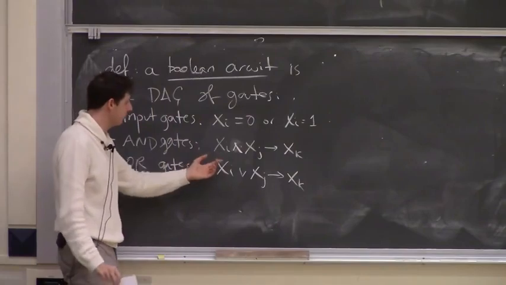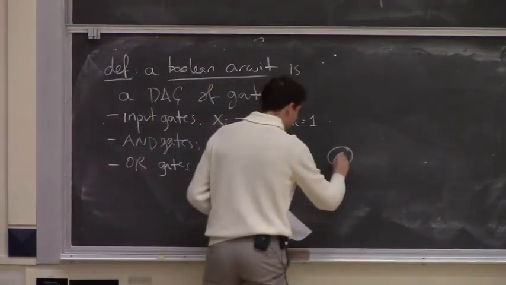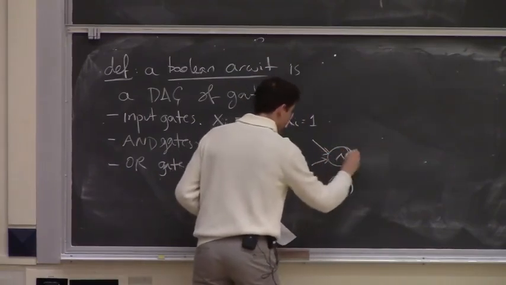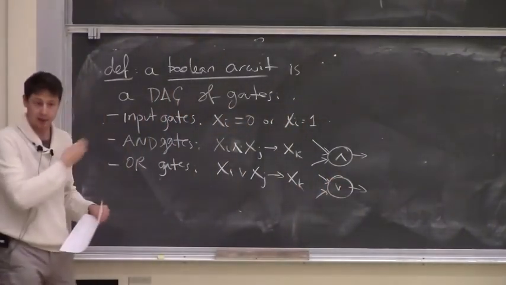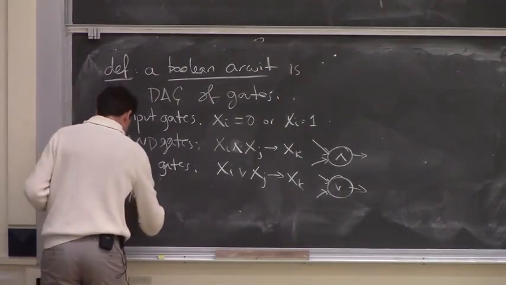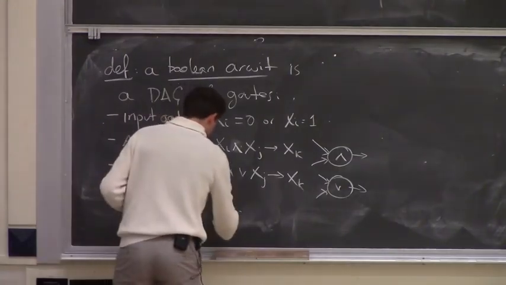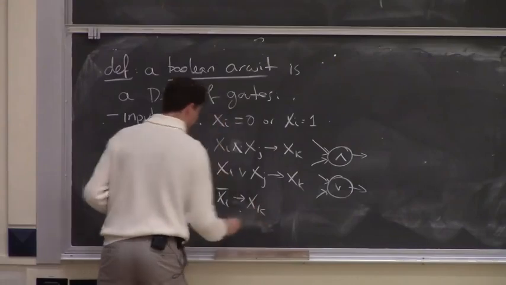This is just saying that this is a node in the graph, and the node tells you what type of gate it is, and it receives wires. The wires are what you're computing. That's why I'm talking about a directed acyclic graph. And you have NOT gates, which says that NOT xi goes to xk.